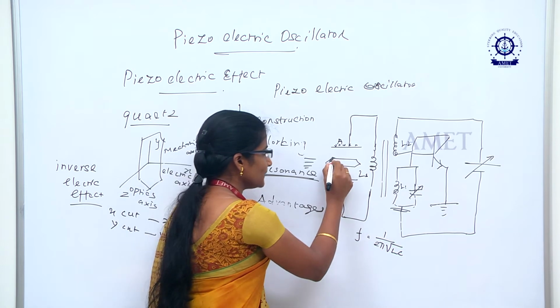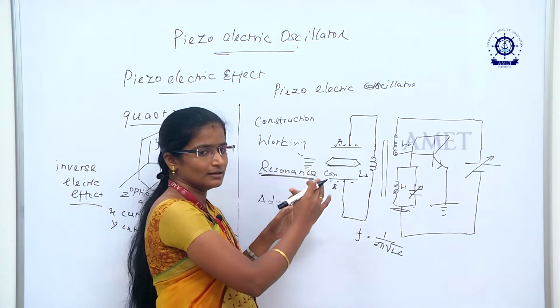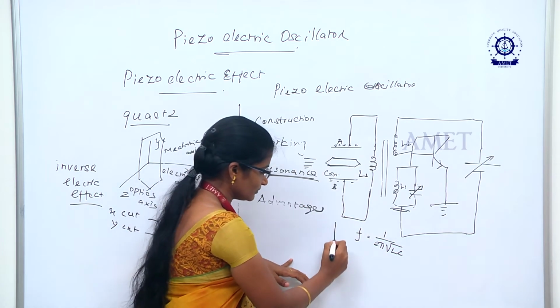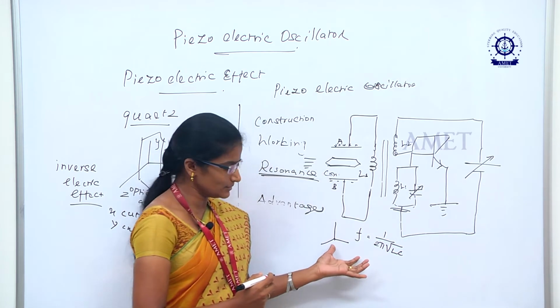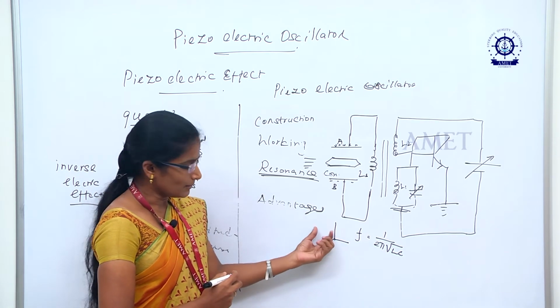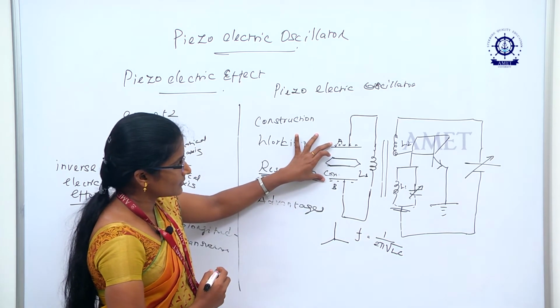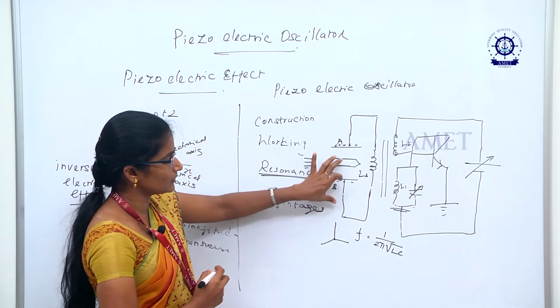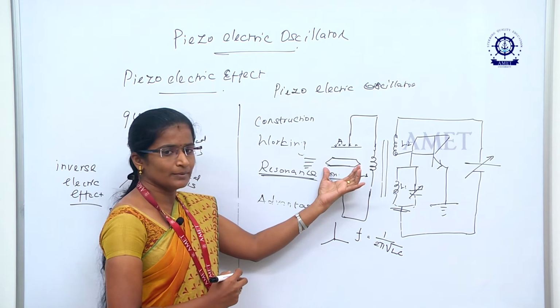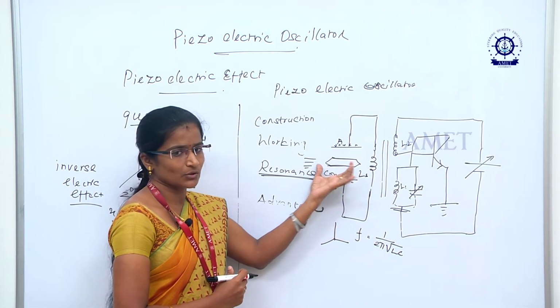At that time the crystal vibrates. This is the same as the inverse piezoelectric effect: we apply potential difference on the x-axis, and mechanical vibration is produced on the y-axis. So when the potential difference is produced at the two ends of the plates, mechanical vibration occurs in the crystal. So crystal vibration started here.